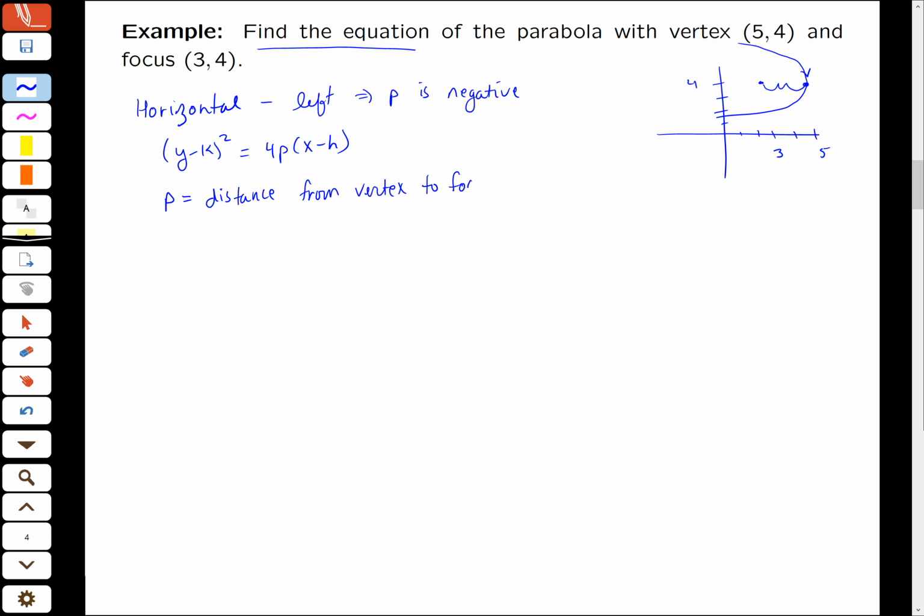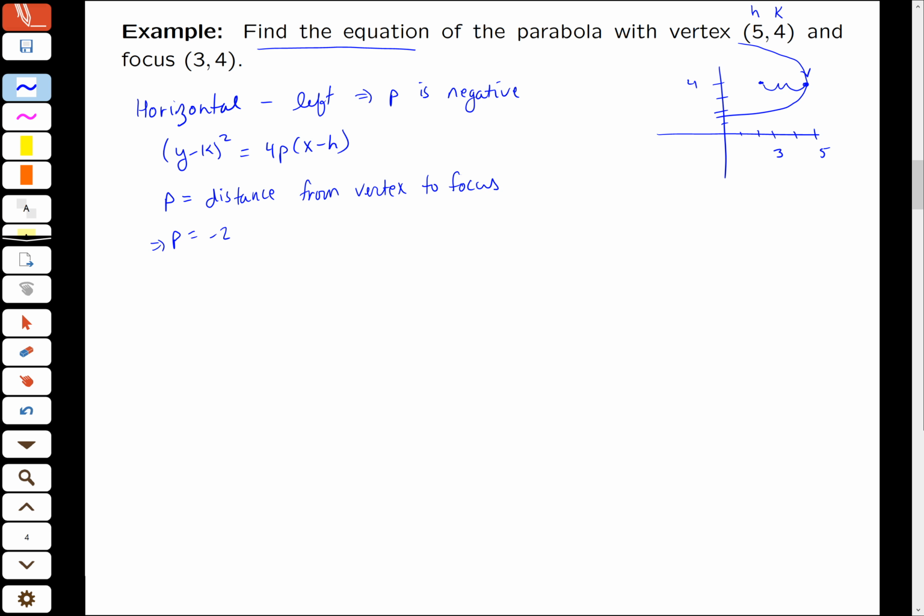So what is that distance? Two. Except it's opening left, so I use a negative 2. What is h and k? That comes from our vertex.